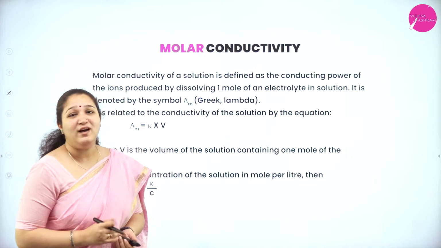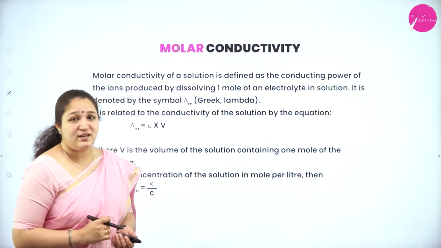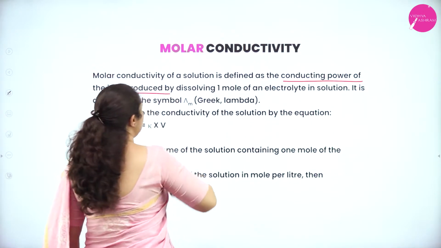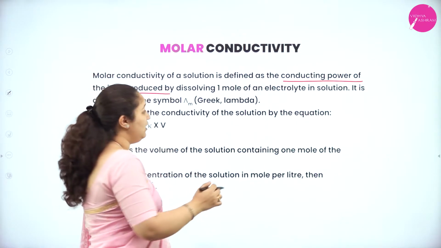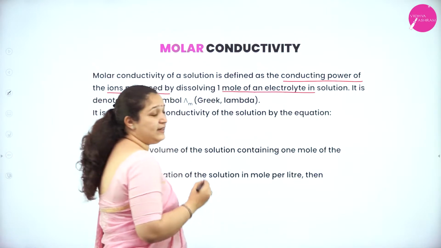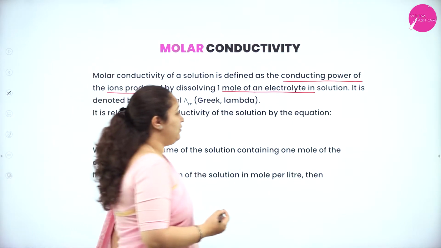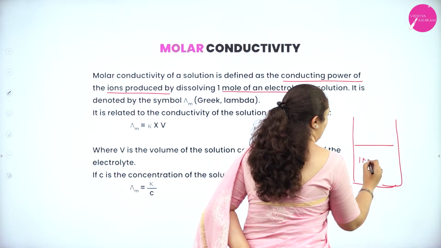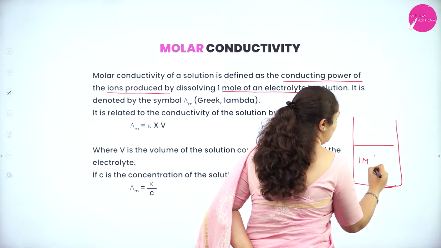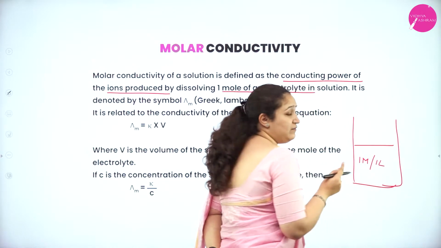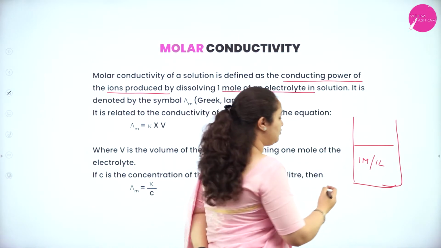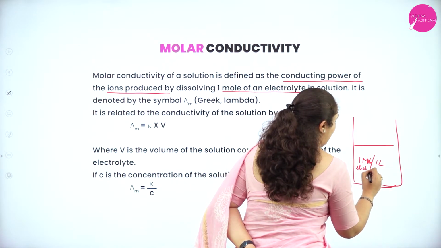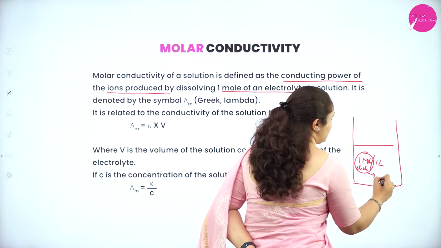What is molar conductivity? Molar conductivity can be defined as the conducting power of ions produced by dissolving 1 mole of electrolyte in solution. For example, if I take a 1 molar solution, that is 1 liter in which I have dissolved 1 mole of electrolyte, they will produce ions, isn't it?